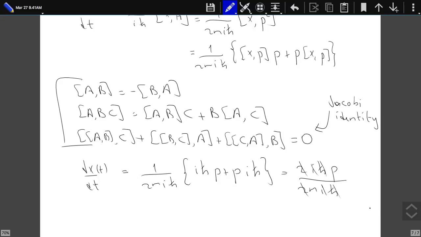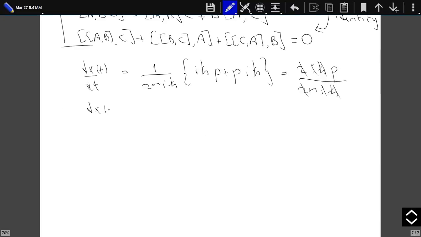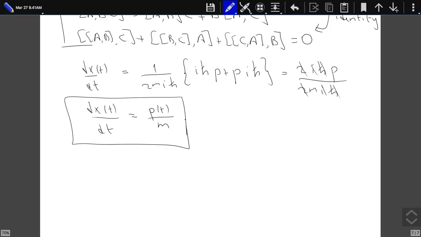The 2 i h bar cancel. So dx by dt is nothing but p of t over m, which in classical physics we identify as the velocity.